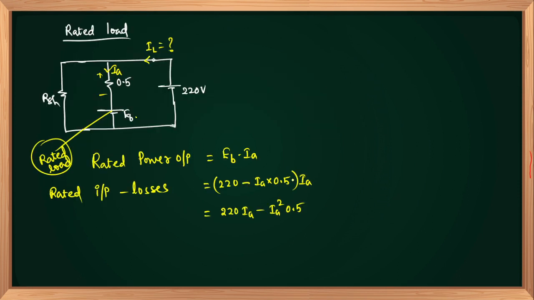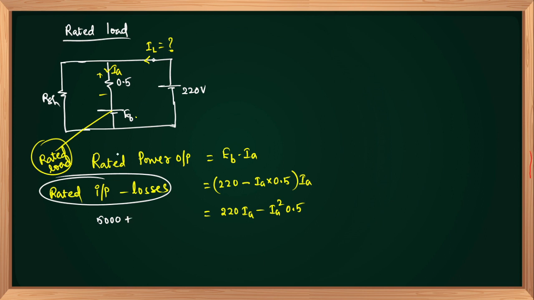Here, instead of input minus losses, they considered the input as output only. So please take this point as the rated output being 5 kilowatts, or 5000.